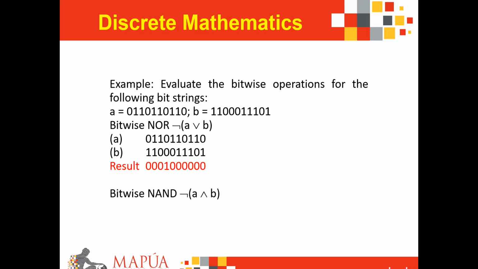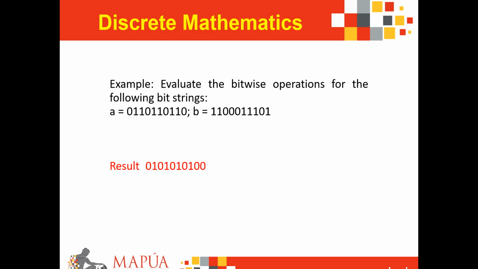Likewise, you could perform a bitwise NAND for your example bit strings A and B, ending up with a bitwise NAND result equal to this bit string. And finally, you could also perform a bitwise XNOR, which results in this given value.